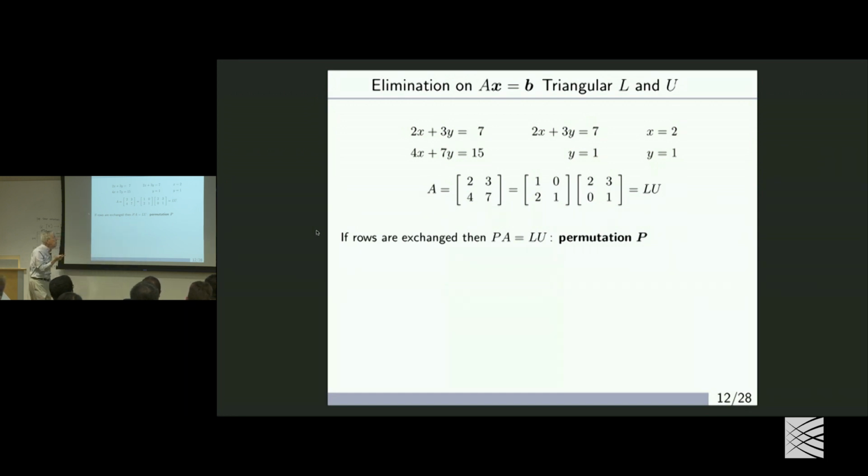There were only 2. We did 1 subtraction. We took 2 times, so the multiplier was 2. There's the multiplier. I just want to see this as an example. The first lines show elimination, what everybody learned to do in high school.